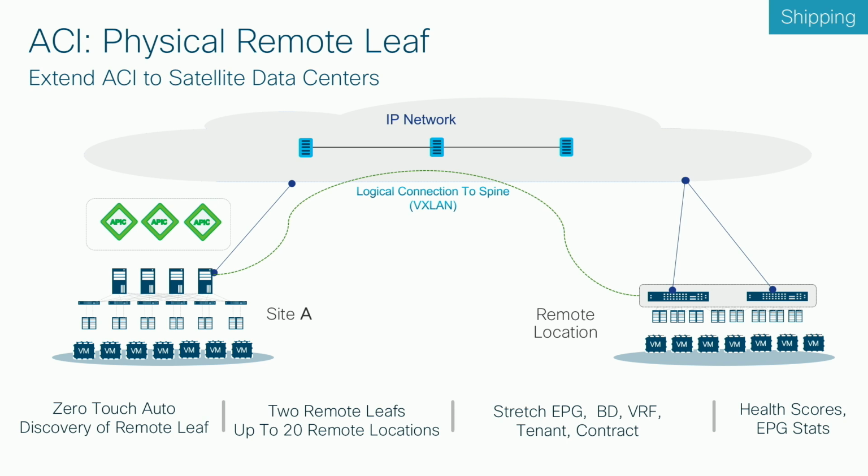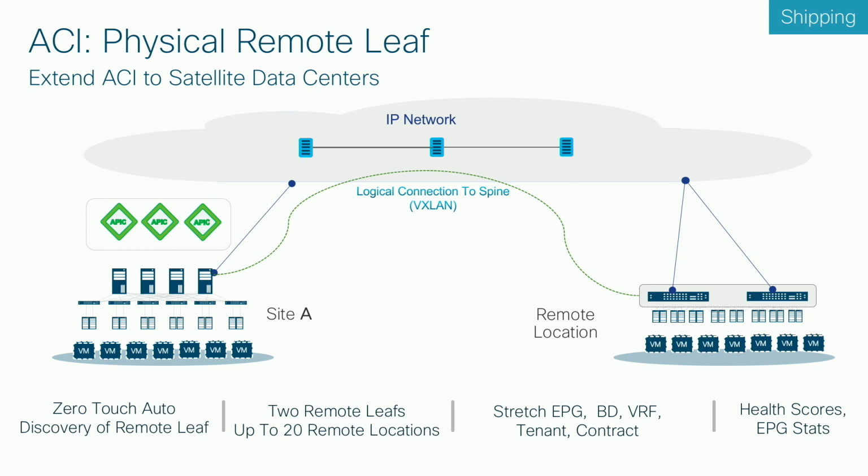I want to repeat that: all the same capabilities. So today, we can do 20 sites off of one ACI pod. The leaves connect directly to the ACI fabric over an IP network, again using EVPN and BGP, MP-BGP VPN and VXLAN. And from a management perspective, those leaves may as well be connected to your fabric physically.